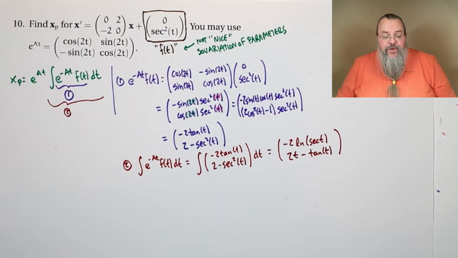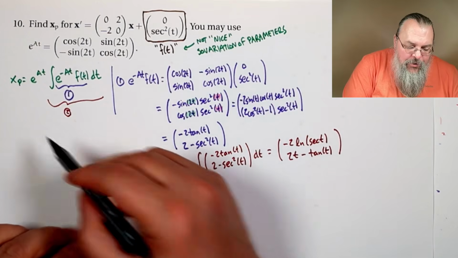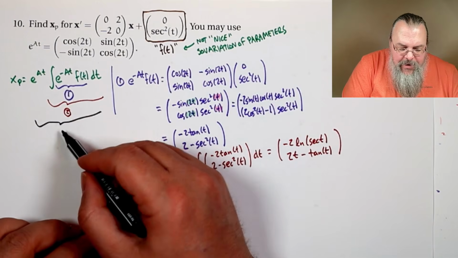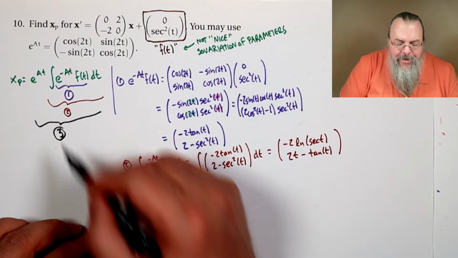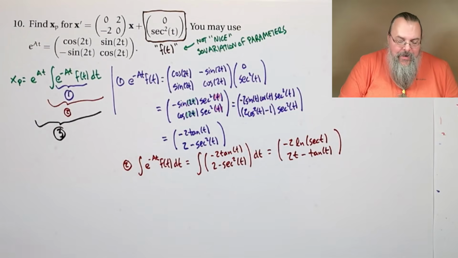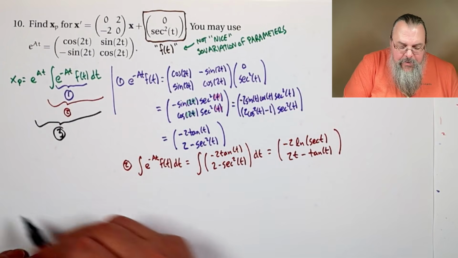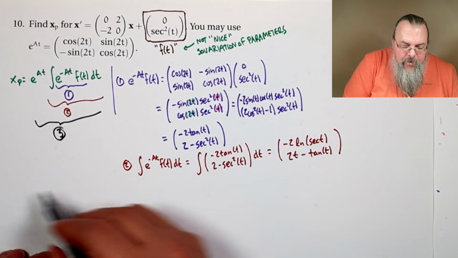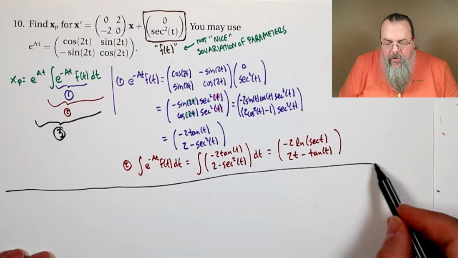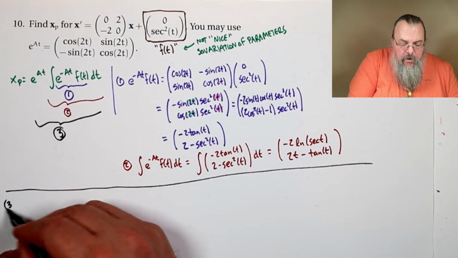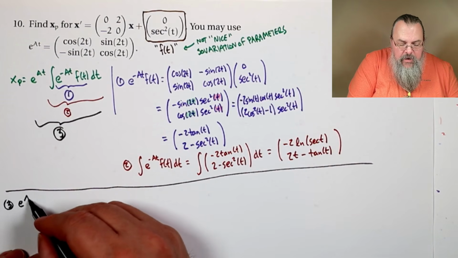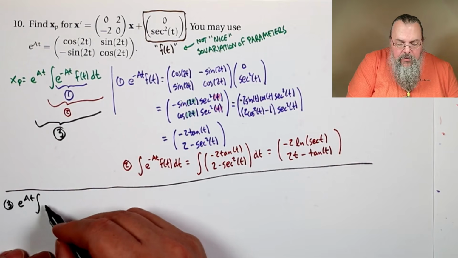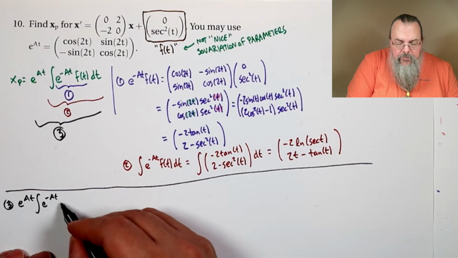That brings us to our last step, working through our layers, our final layer of the onion, 3. So for 3, we're going to take e to the at times what we just found.